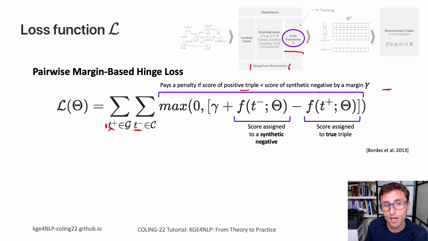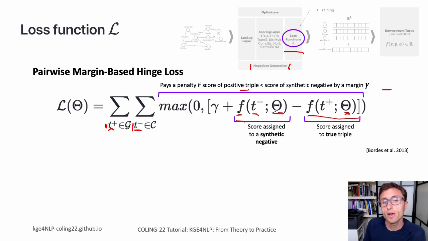So we process every positive in the knowledge graph, every triple in the knowledge graph, and for each triple, we iterate over a number of synthetic negatives generated from it. And for each of them, we assign a score using the scoring function of the model, a score assigned to the negative triple and a score assigned to the positive example. Now, these theta parameters are the embeddings we optimize for.